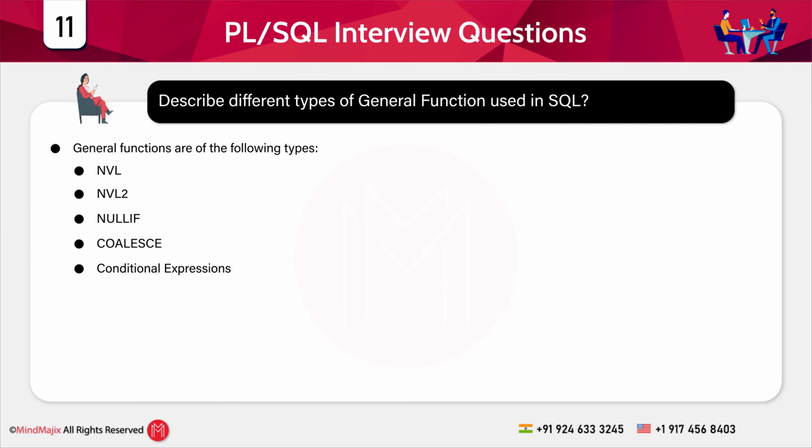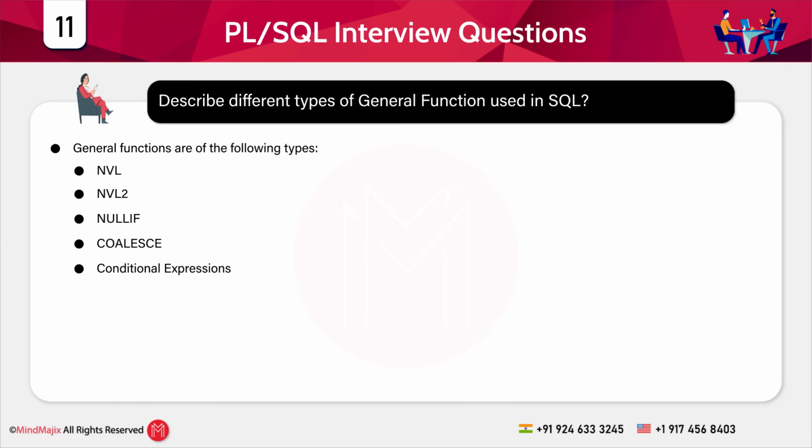The next question is, describe the different types of general functions used in SQL. As you can see on the screen, these are the different types of general functions used in SQL. The first one is NVL. This function converts a null value to an actual value. The syntax is very simple.